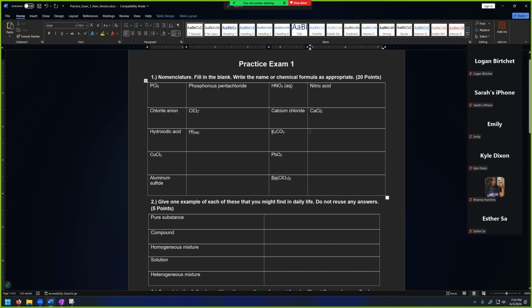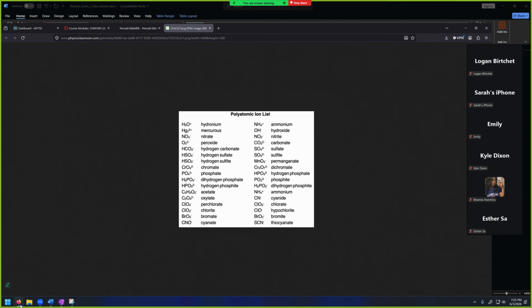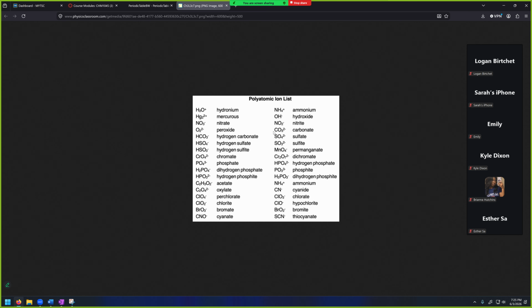Moving on. Please, again, feel free to stop me at any point, guys. Potassium carbonate. Oh, I just said it out loud, didn't I? Whoops. Well, the way that I arrived at that conclusion is I see that there are more than 2 elements here. That's usually an indicator that one of these things must be a polyatomic ion. So I'm going to go ahead and look for a polyatomic ion that matches the CO3 there. Over here, we can see CO3 2- is the carbonate polyatomic ion.